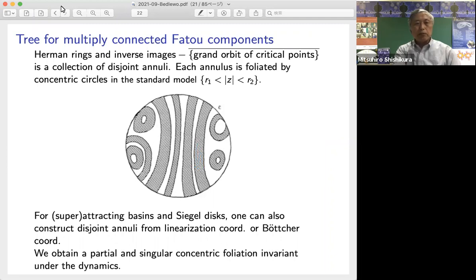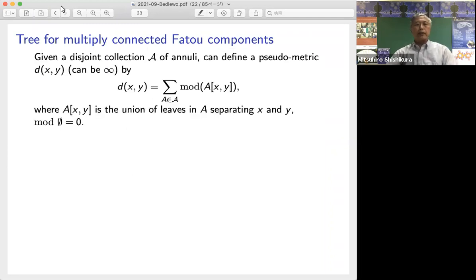And then from this object, I construct a pseudo metric, d(x,y). The value can take infinity, in fact, by the sum of all. So A is supposed to be a collection of disjoint annuli.